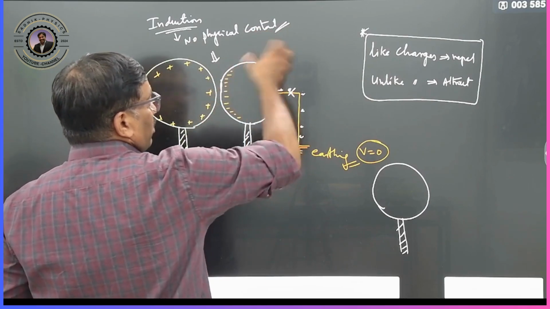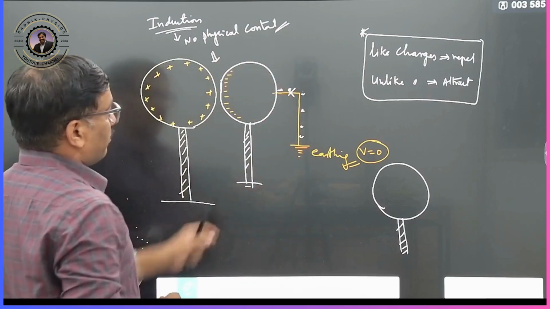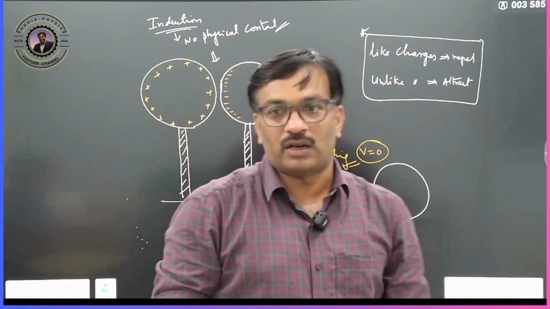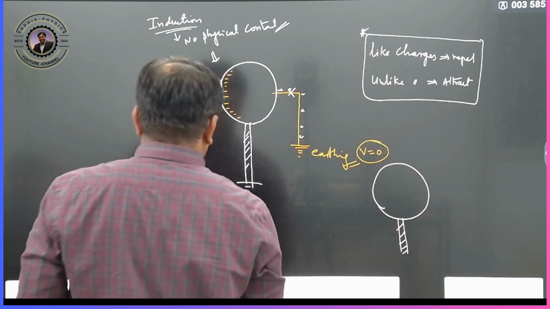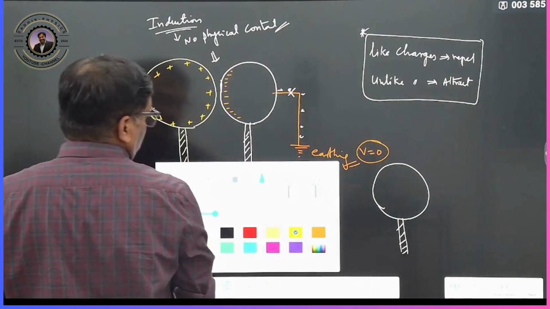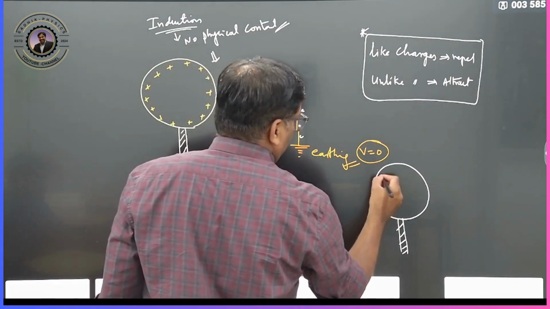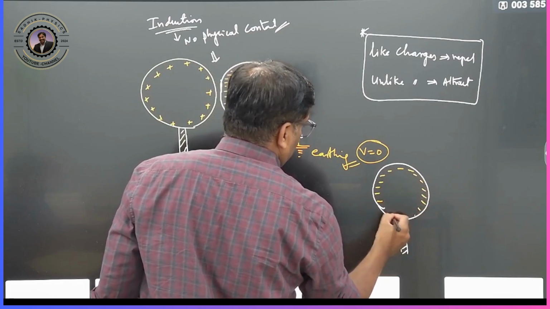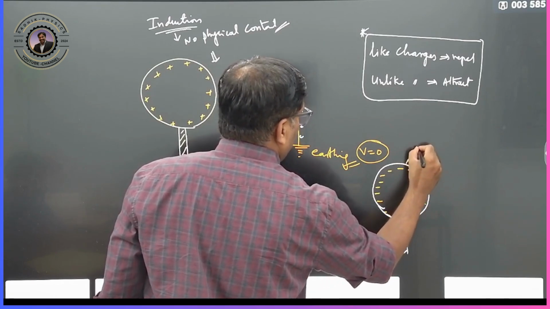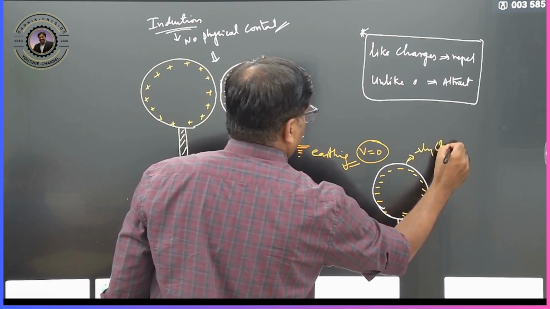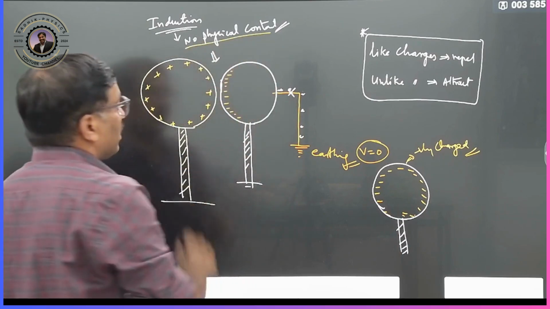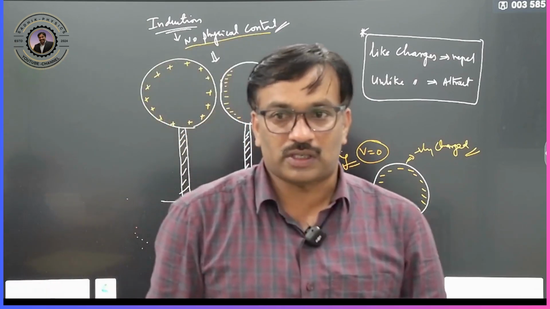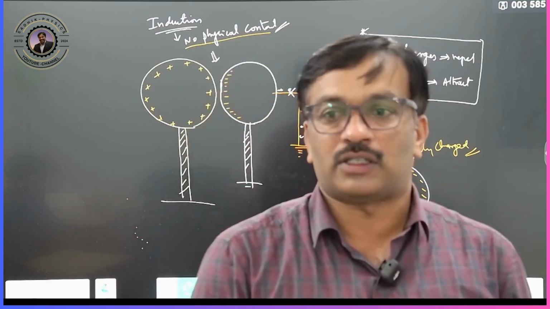It will try to become neutral, but there are no other positive charges, so it will still remain with some amount of negative charge in the body. In this way we can make a negatively charged body without any contact. This process we call the induction method.